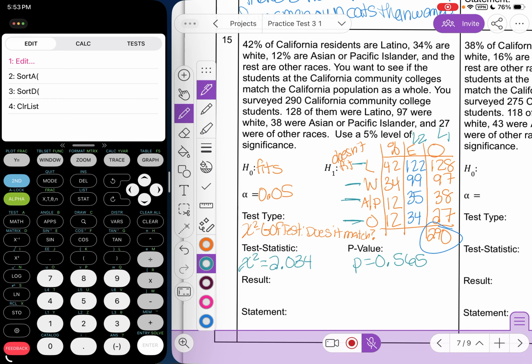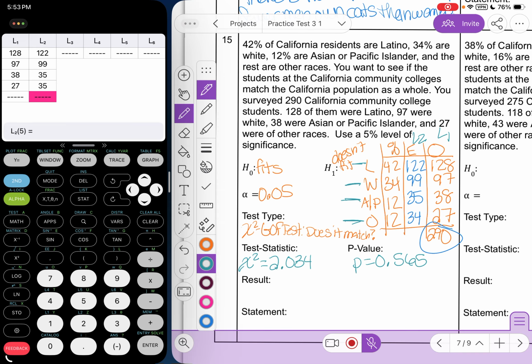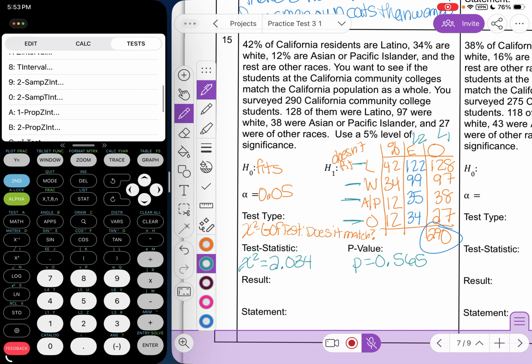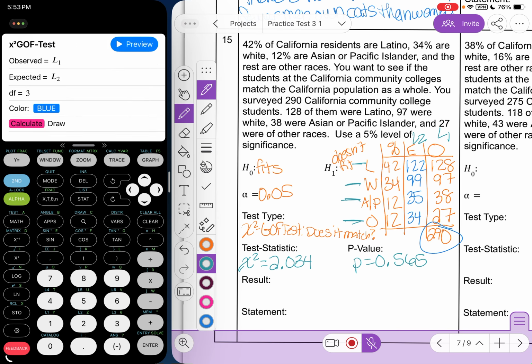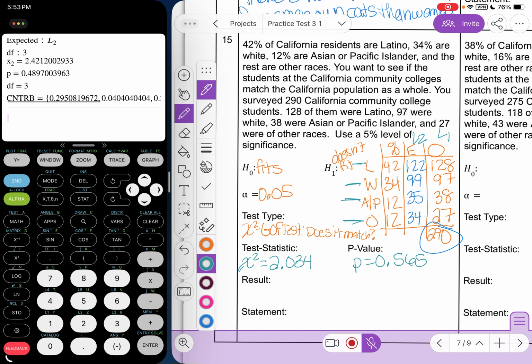Now let's see what happens if we change that to 35. So if this was 35, you'd have 2.421 and 0.490. So that's why I need to know in that calculator question which things you put in your expected.